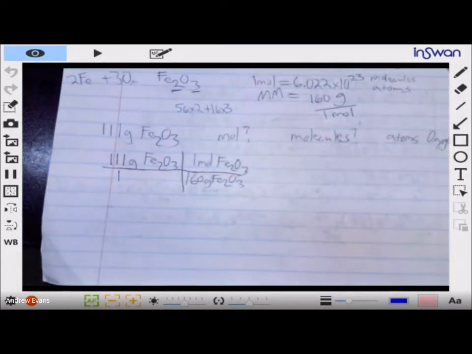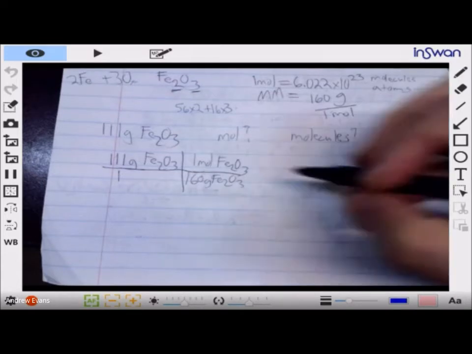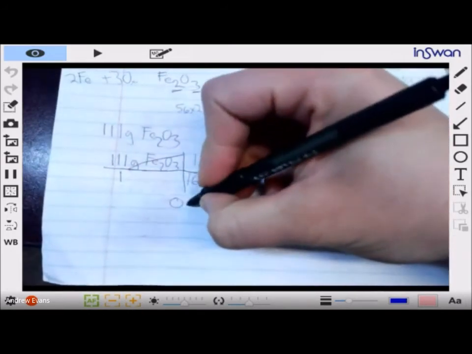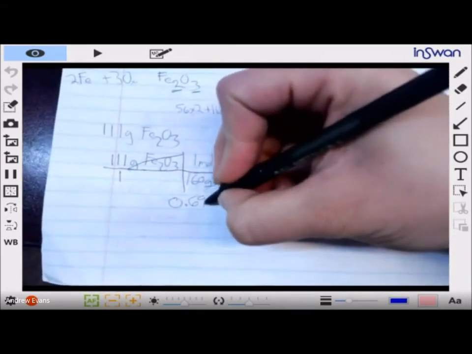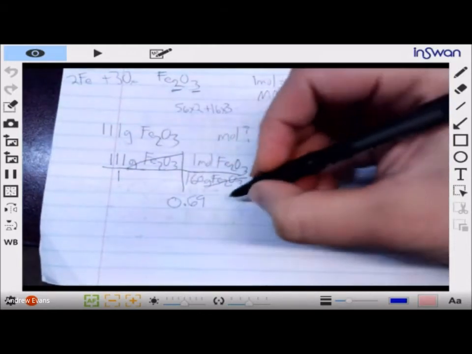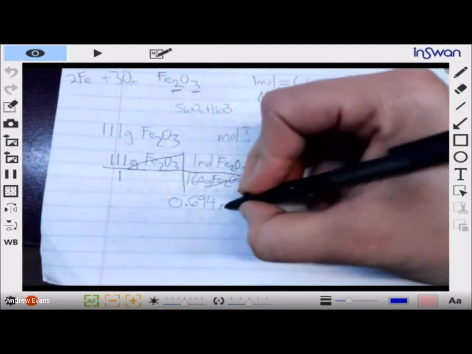If I plug those numbers in, I'd say 111 times 1 divided by 160. That would give me the moles of iron oxide being 0.694 moles, since we have 3 sig figs.